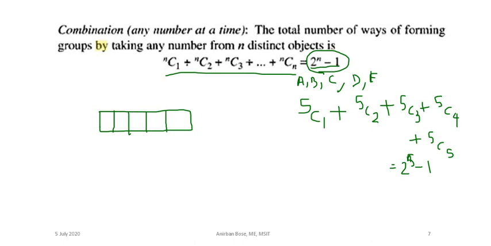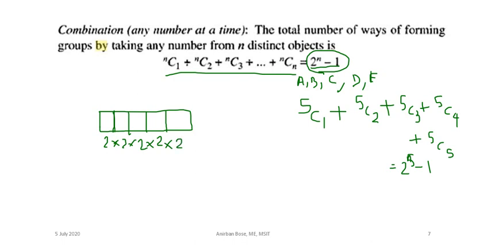So this is the first person. The first person may be included in that group or may not be included, so there are two options. The second person may be there or may not be there, two options.